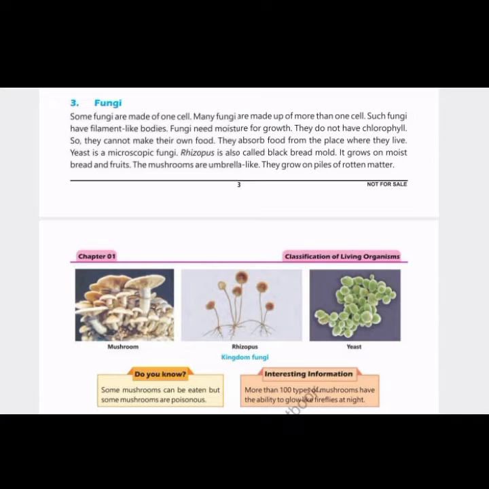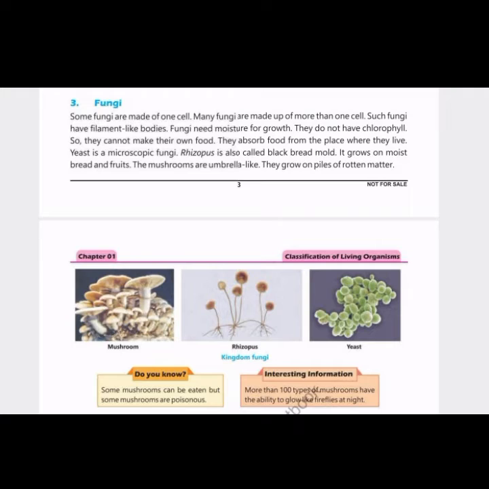Yeast is a microscopic fungi. Rhizopus is also called black bread mold. It grows on moist bread and fruits. The mushrooms are umbrella-like. They grow on piles of rotten matter. Here we can see three different pictures related to mushroom, which looks like an umbrella, rhizopus, and also yeast.